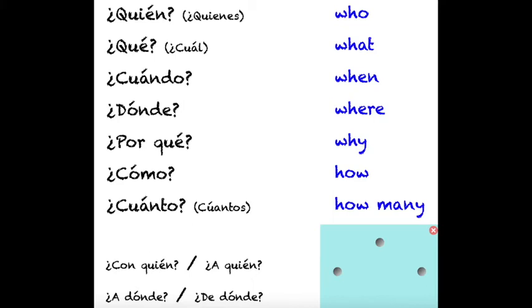Okay? And technically speaking, if you were to speak in English in a correct fashion, you would also begin that sentence with the word with. You would say, with whom are you going to the movies? And that would be correct grammatically.